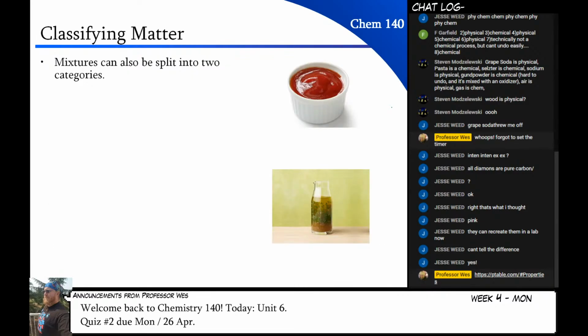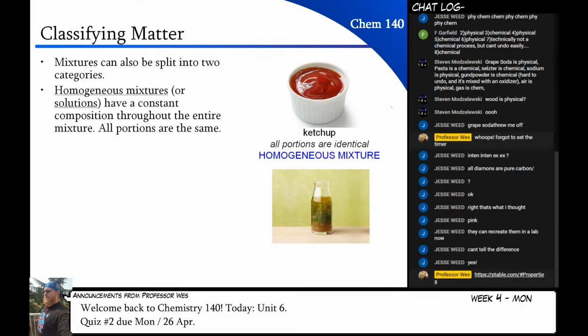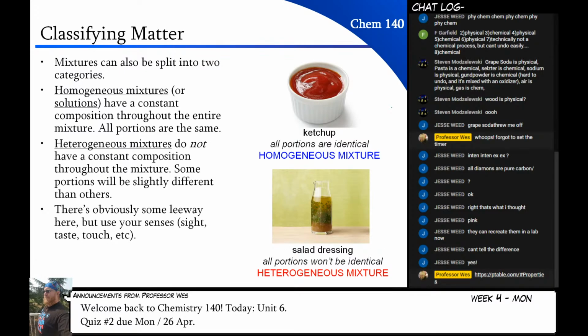Let's go to mixtures. Mixtures can be split into two categories as well, and the way that we're going to split this, and this is actually really important for the quiz. I know a lot of my students at 161 had some trouble with some of these questions, but the rubric that we're going to use is, are all the portions identical? If the answer is yes, what you're looking at is a homogeneous mixture.